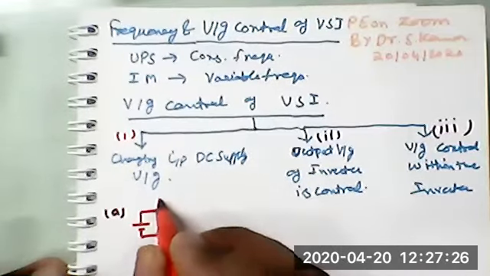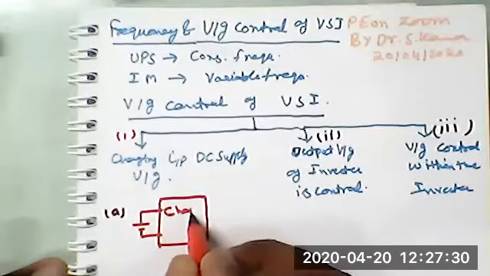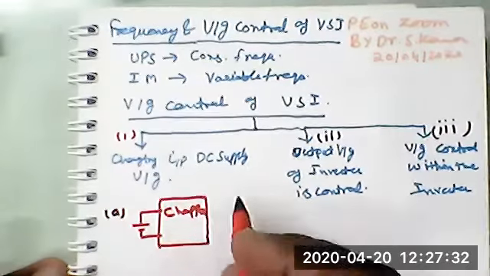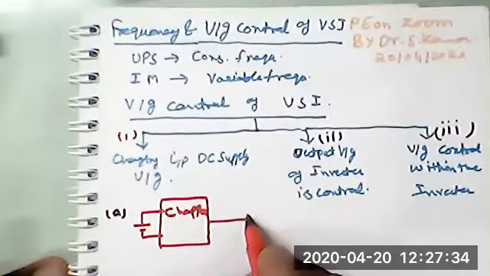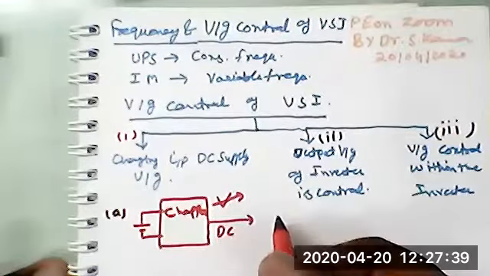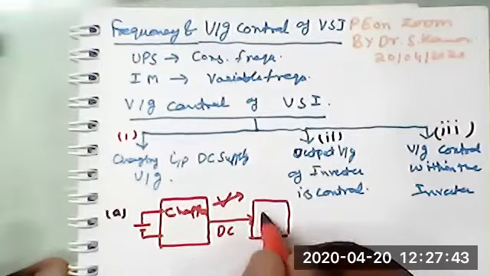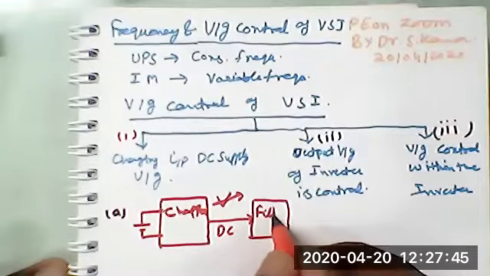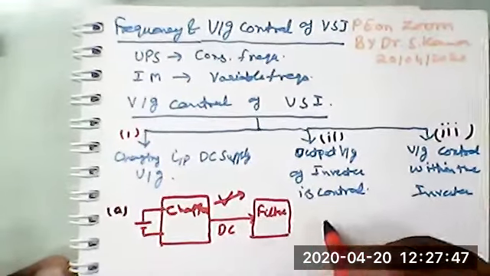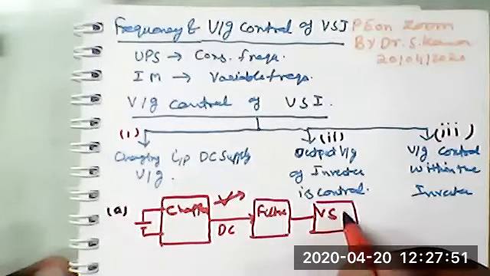You just put one chopper. Now you will have variable DC, right? Then put one filter, and after this you have your VSI.